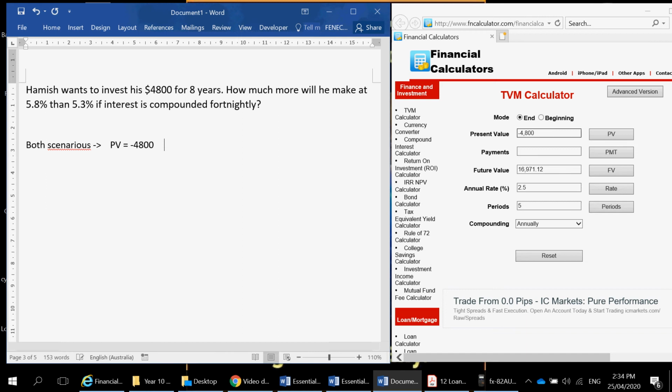Both of them have the interest compounded fortnightly, so I can put that in. Well, they call it bi-weekly in here, so it's the same thing. The interest rate changes. I'm going to just wipe the future value because we don't know that. What's changing is the interest rate. So scenario 1 at 5.8%.